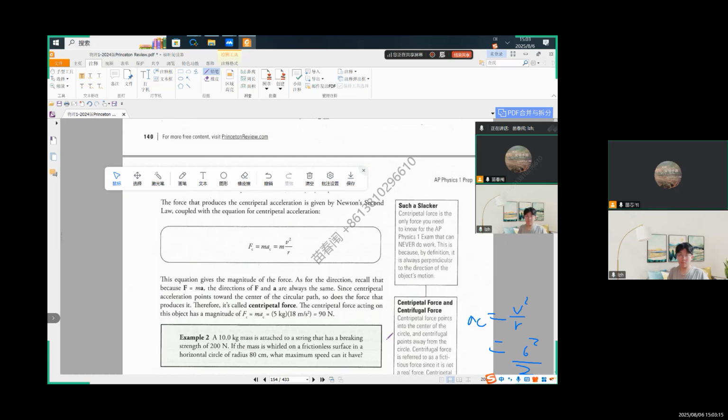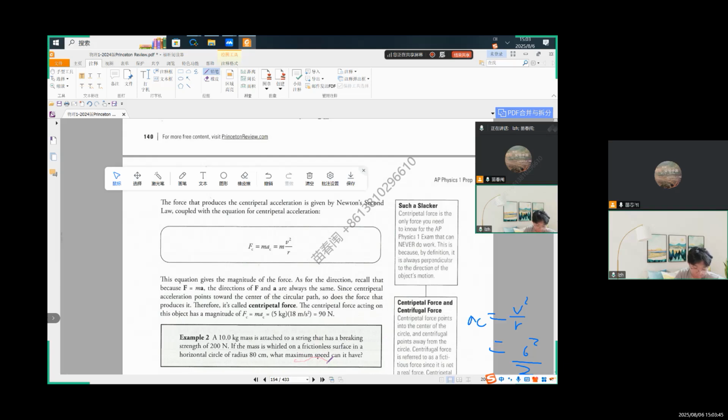Okay, so we got another one, which is centripetal acceleration equals velocity squared over R. Oh wait, we don't have a velocity. Yeah, he wanted you to find that velocity. Then F centripetal equals mass times AC. So 200 equals 10 times AC.